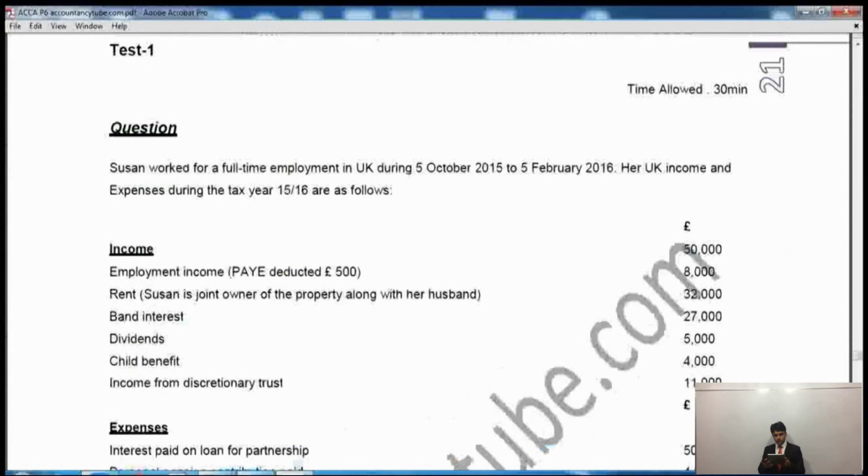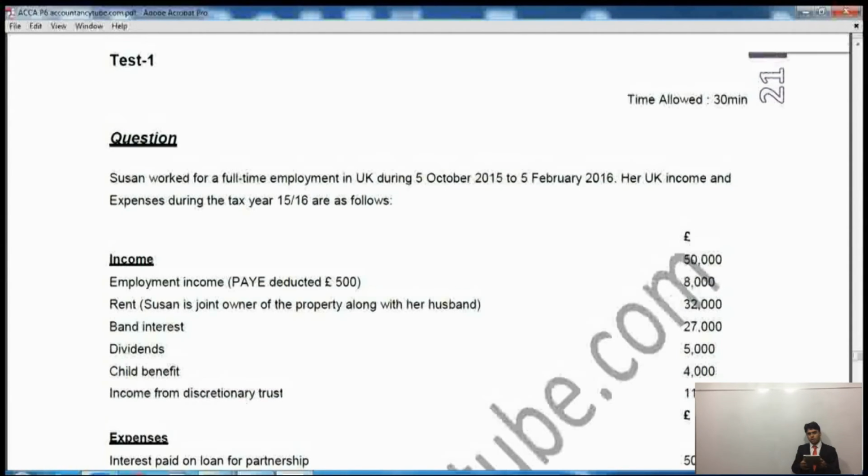Now on page 21, please, this is a test. We have already covered basic employment income. There are still some additional aspects of employment income on the next page, page 22, but so far we have covered employment income. This test will cover almost everything we have seen so far.